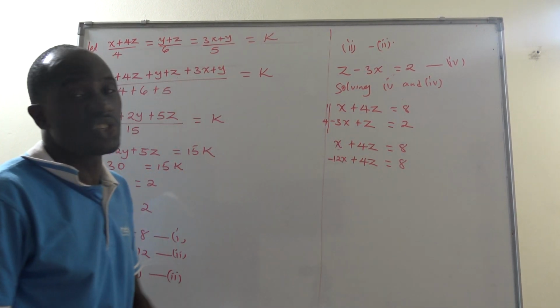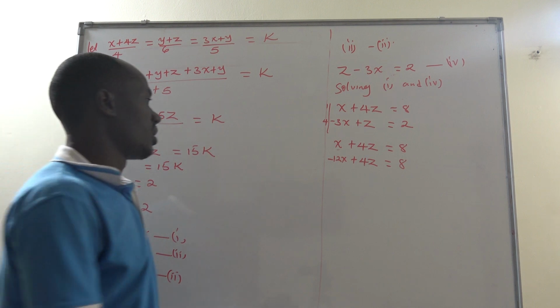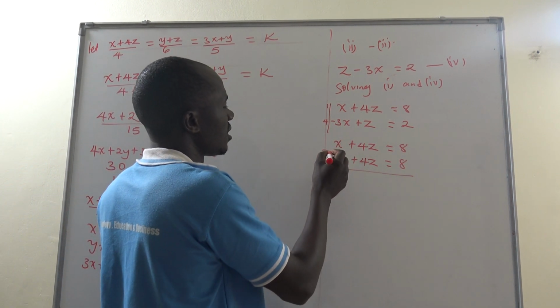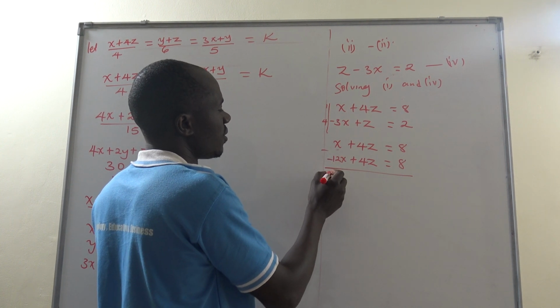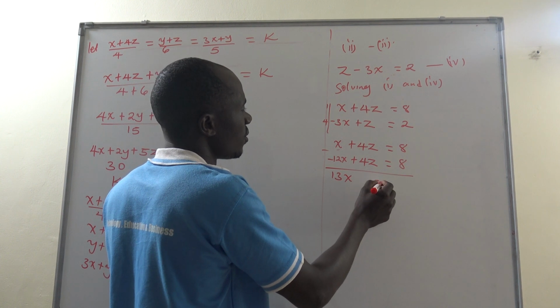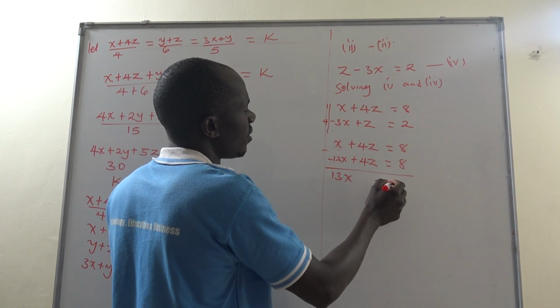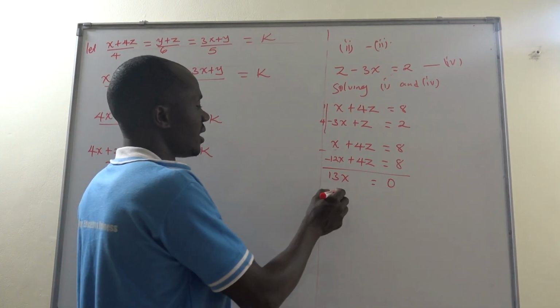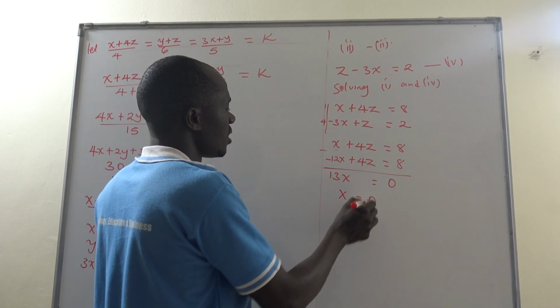The only way of eliminating z is by subtracting. So if I deduct, what am I going to get? x minus negative 12x, we are getting 13x. This and this we are getting a 0. 8 minus 8 we are also getting a 0. So we're dividing throughout by 13, x is 0.